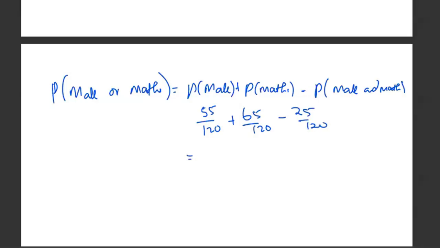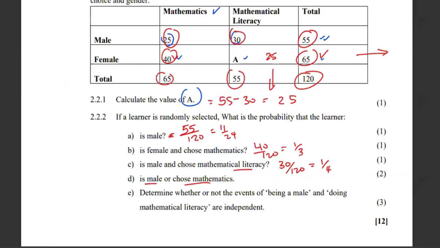So 55 plus 65 minus 25 becomes 95 over 120. Simplify that. That gives us 0.79, or you can have 19 over 24. Either way, that's what the question wanted.